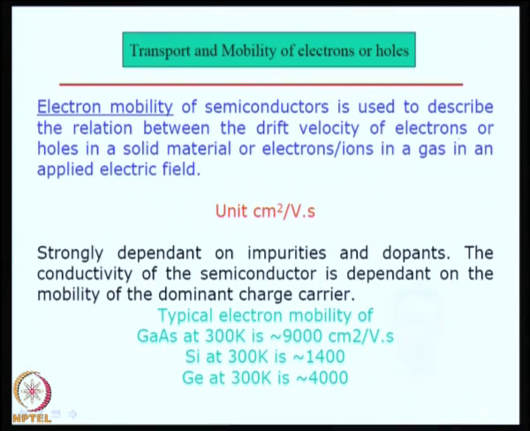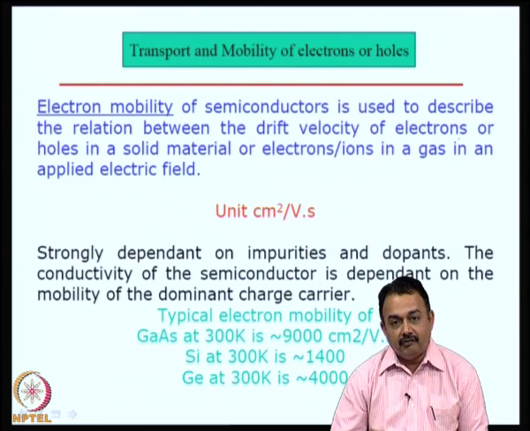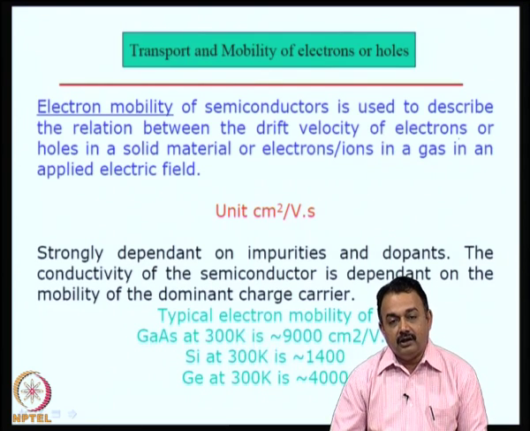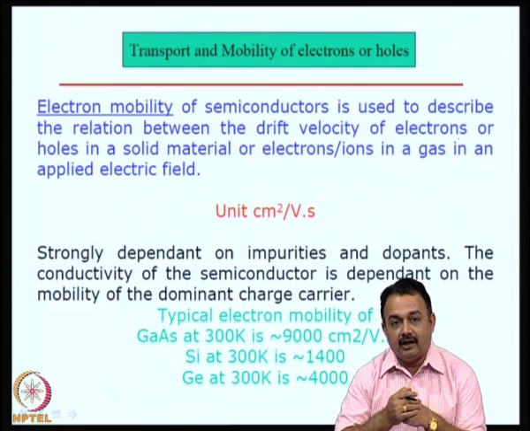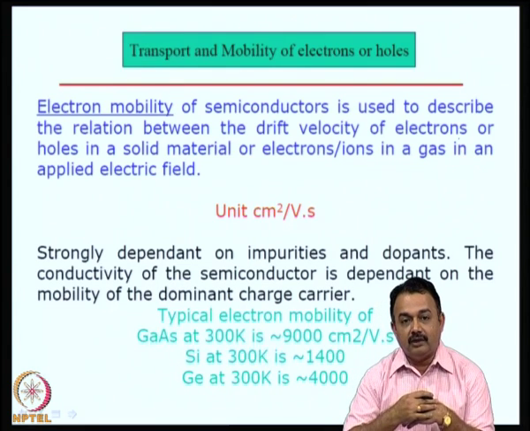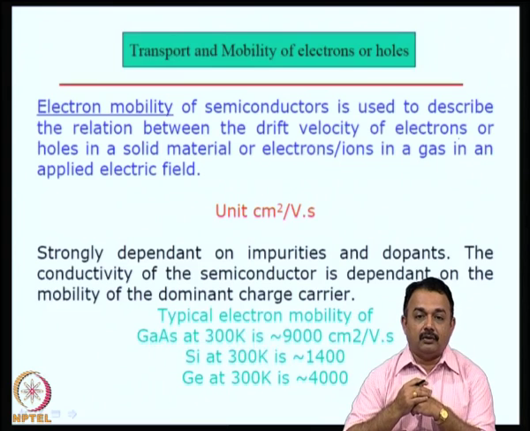Now, I talked about transport and mobility of electrons or holes. So, electron mobility of semiconductors is used to describe the relationship between the drift velocity of electrons or holes in a solid material, or electrons or ions in a gas, in an applied electric field. The unit is centimeter squared per volt second, and it is strongly dependent on the type of impurities and dopants you are going to add.